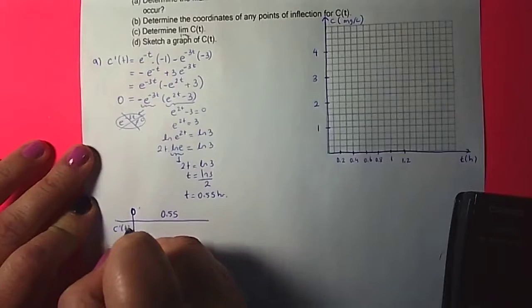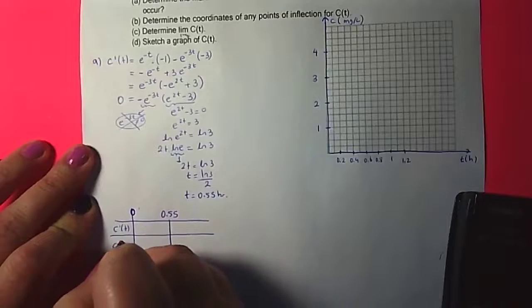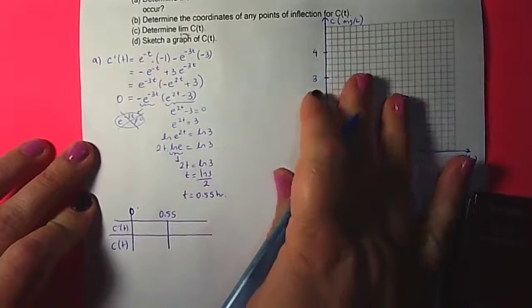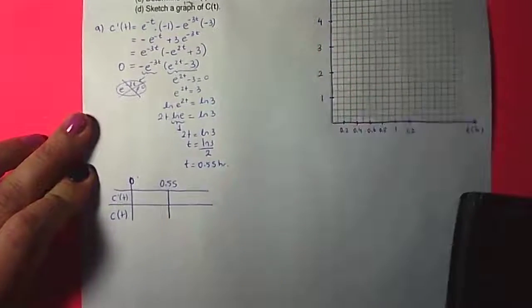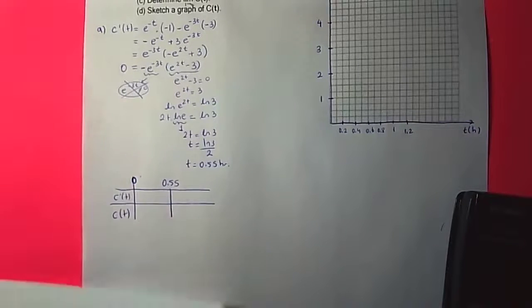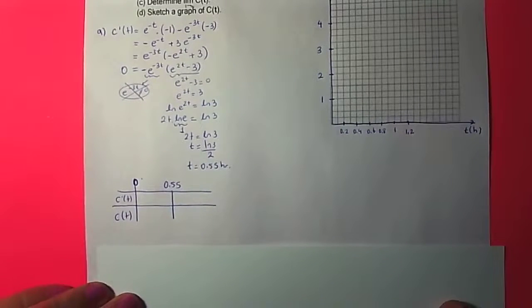Okay, so we're going to check the sign of the first derivative and we are going to see where the original function is increasing or decreasing. So let's pick a value in the first interval from 0 to 0.55. So let's pick 0.5.